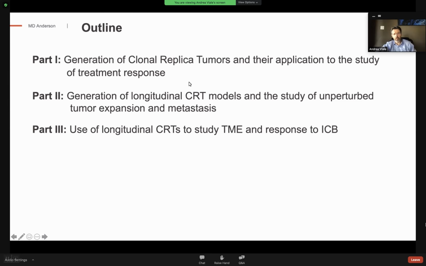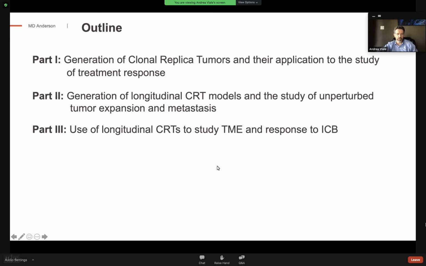I'm going to talk about the generation of clonal tumors, a platform that we developed and published a couple of years ago, and the application of CRT to study treatment response in pancreatic cancer. Then I will talk about the generation of longitudinal CRT models to study unperturbed tumor expansion in vivo and also metastasis.